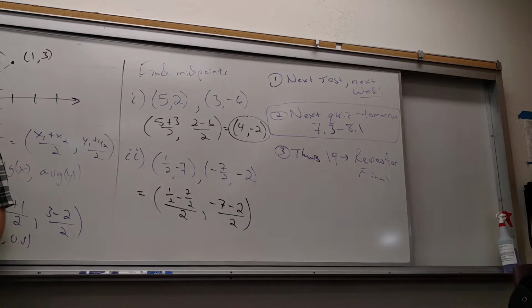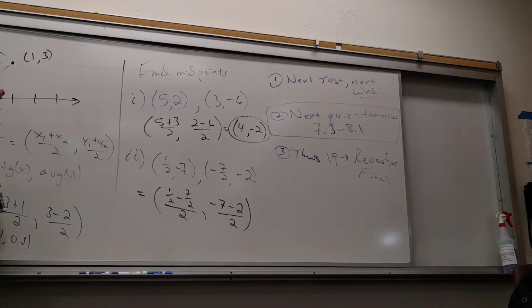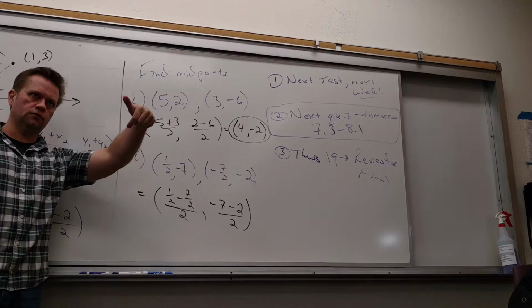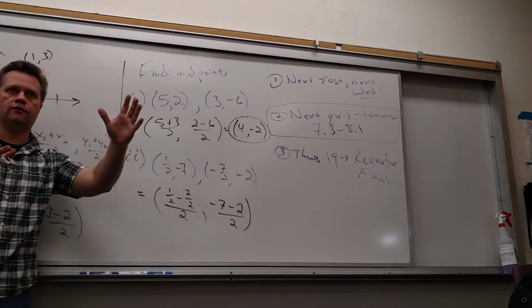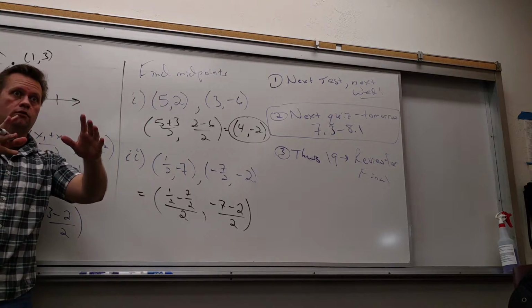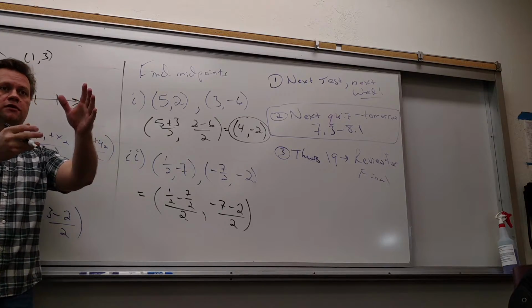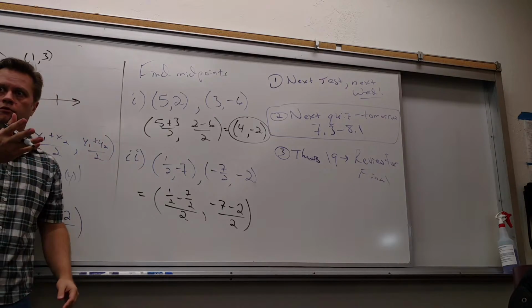Is that the same as saying 1/2 minus 7/2 combined times 1/2? Divided by 2 is times 1/2, if you have to do that. Division by 2 is the same as multiplication by 1/2. Division by 2 is not the same as multiplying by 2.